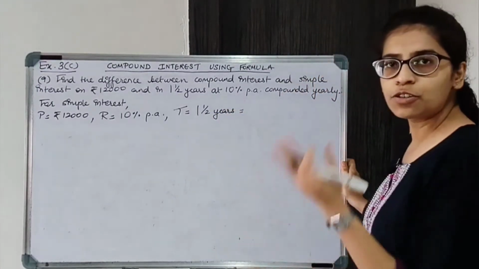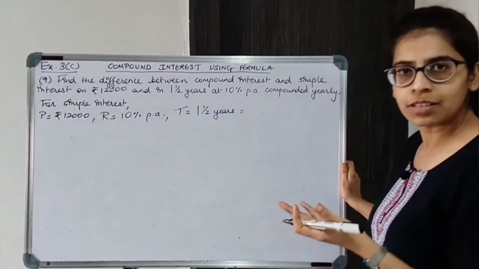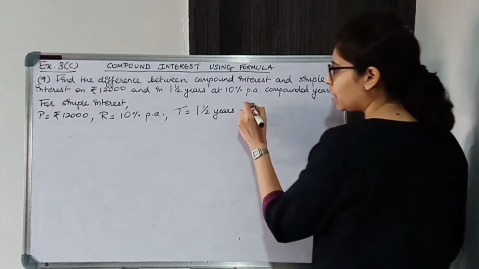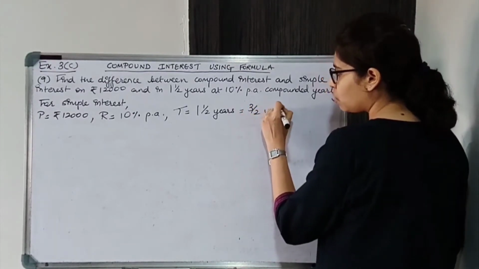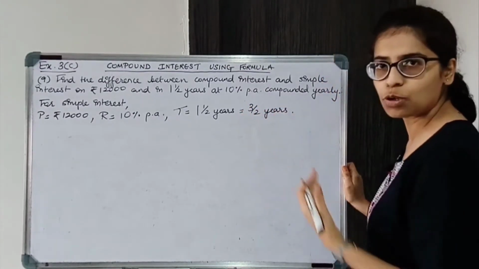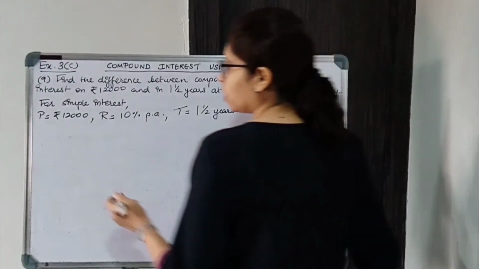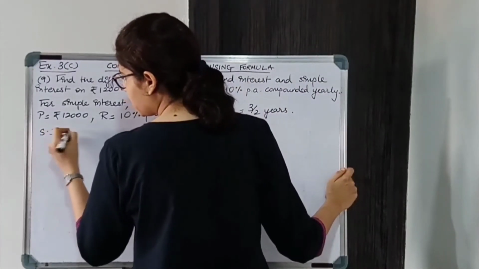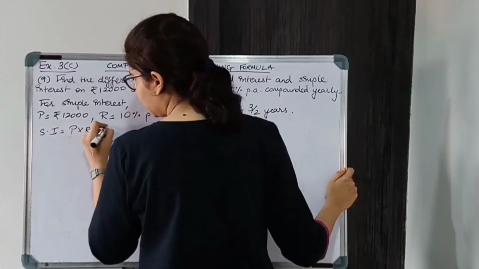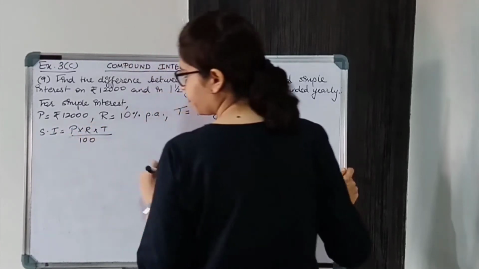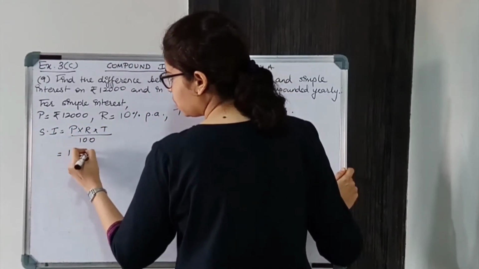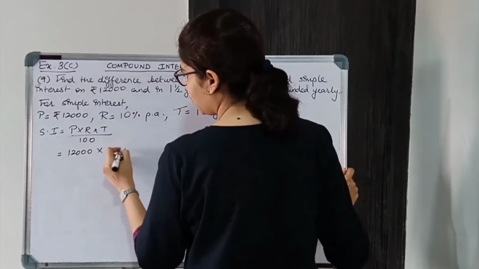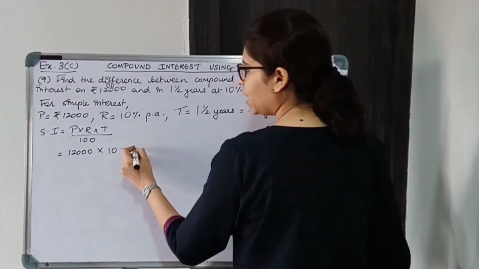Here just convert it to proper fraction or decimal, that is also okay. So you can write it as 3/2 years or also 1.5 years. That will also do. So now simple interest is P into R into T upon 100. So 12,000 into 10 into 3/2, or 1.5.